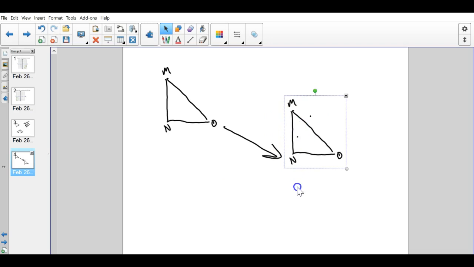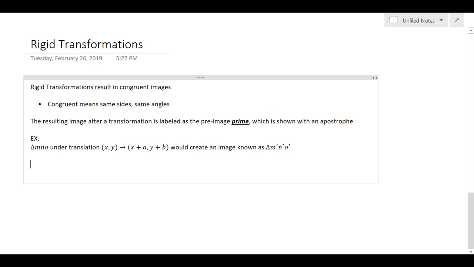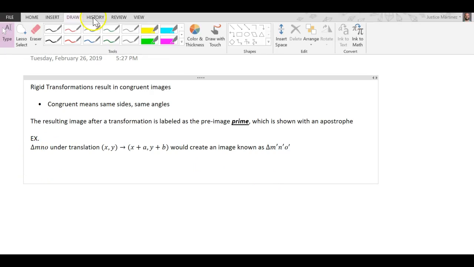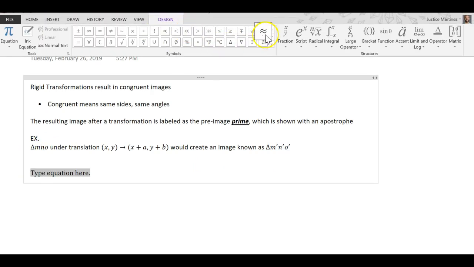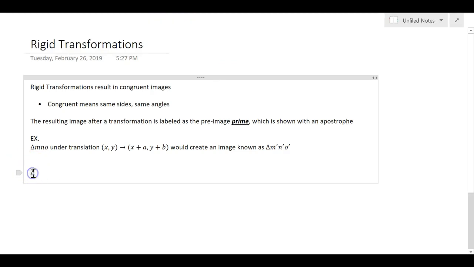Now, if we were to translate it again, and we were to translate M prime N prime O prime, we would actually get a new image that would be called M double prime N double prime O double prime, and triple prime, quadruple prime, so on and so forth.